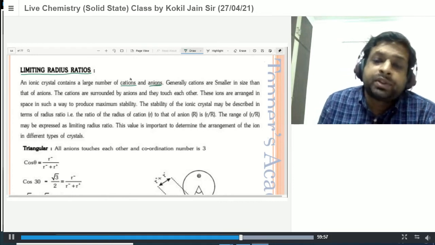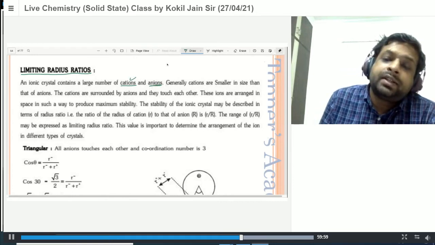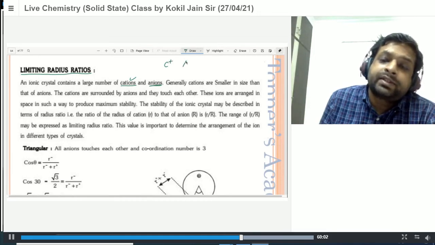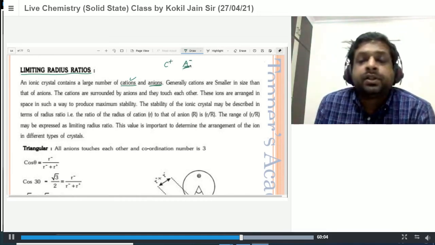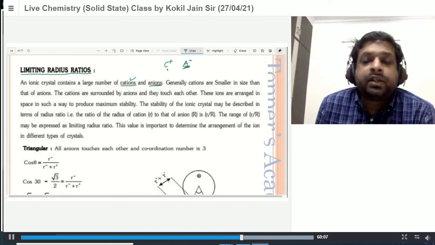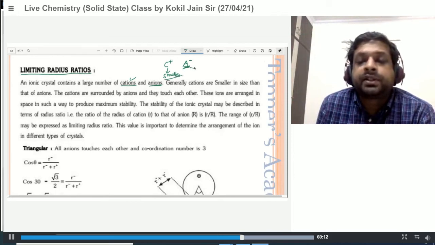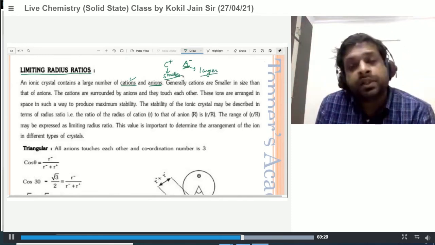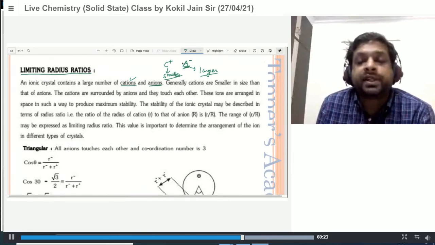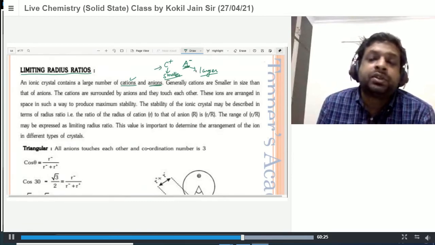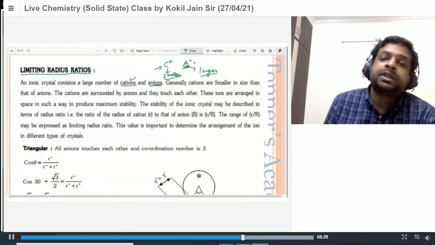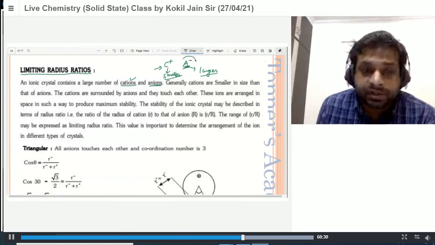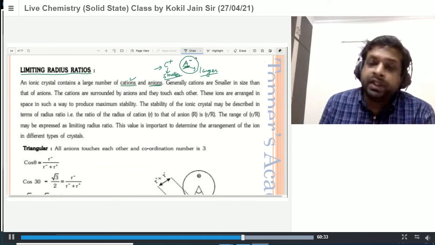Two things you have to notice: the cation, let's write it as C+, and the anion, let's write it as A-. The cation would be smaller in size. Why is it smaller? And the anion is larger in size. Because generally in a cation you abstract an electron from the outer orbital shell, so it gets smaller in size, while when you add an electron to the outermost orbital, the size of the anion generally increases.